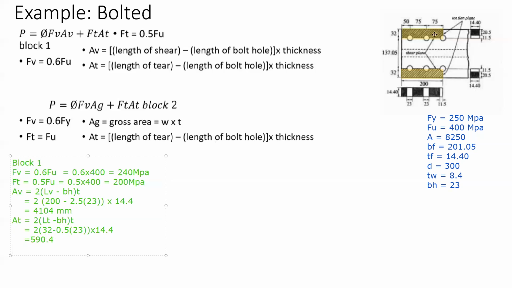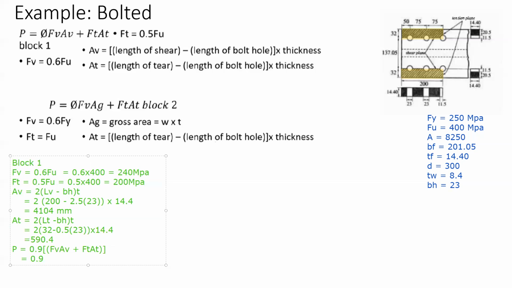And then let's put that into our formula. We have P, our phi there is 0.9 times FvAv plus FtAt. There you go. So let's put in our values.